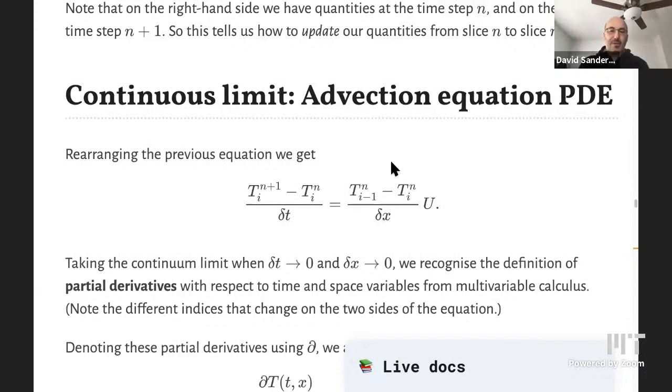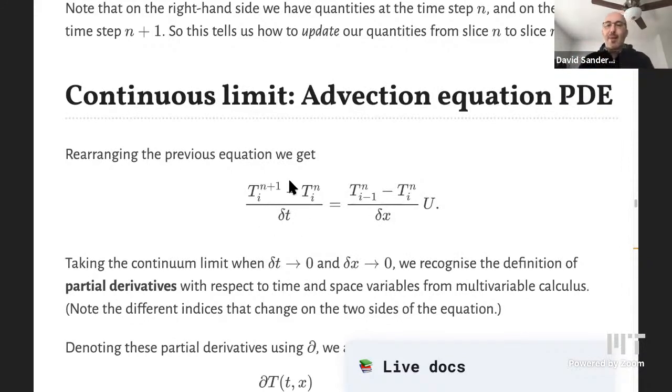And when we rearrange the previous equation, we see that on the right-hand side we get the difference in the x direction, in the space component. So we're relating a change in time at the current site to how much the temperature changes between the neighboring site and the current site at the present time.